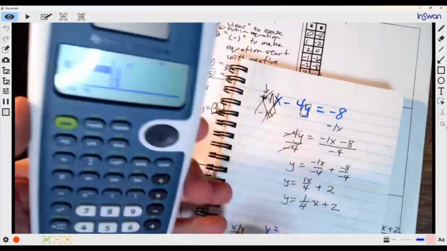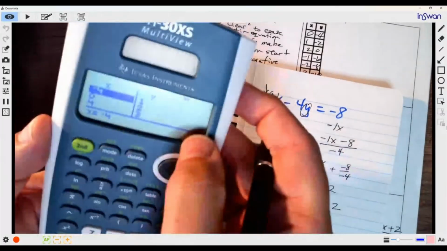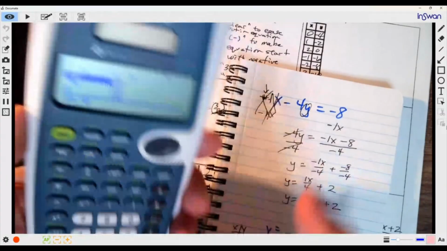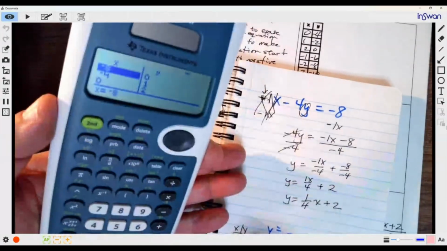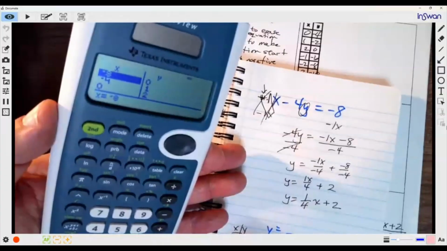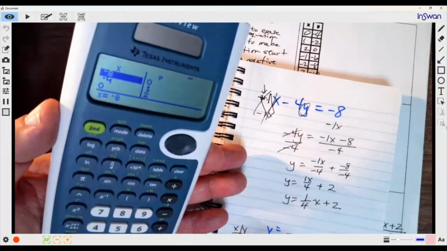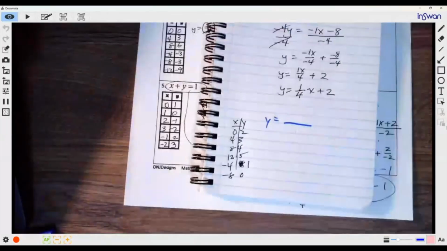Get some negatives. -4, 1, and -8, 0. So there's our table of values.